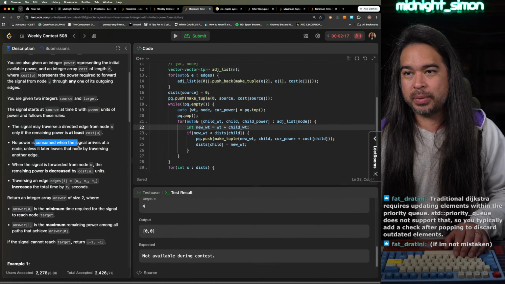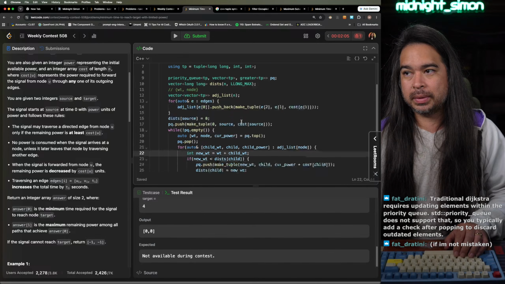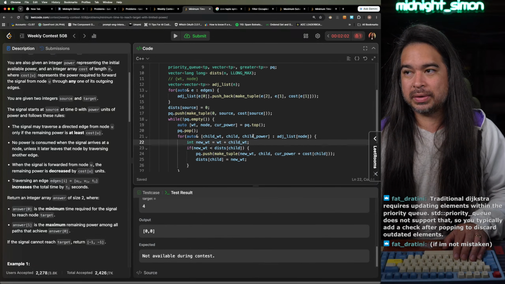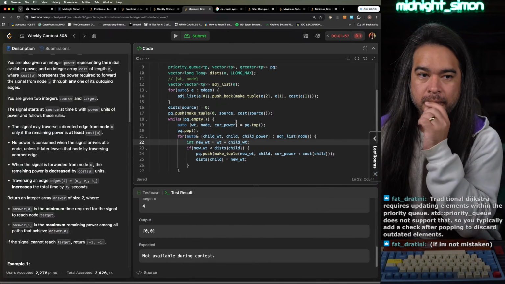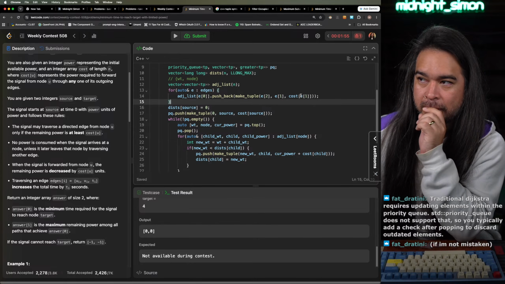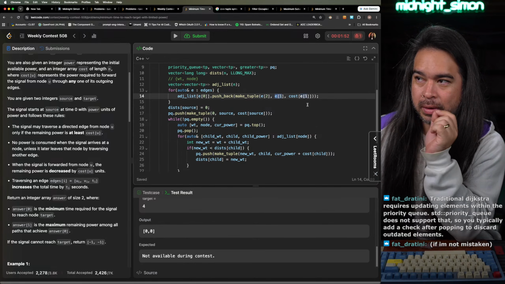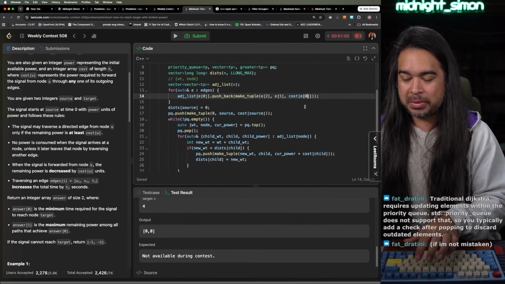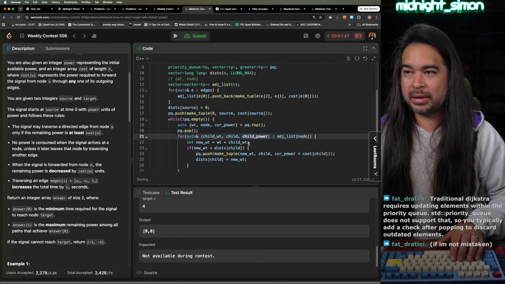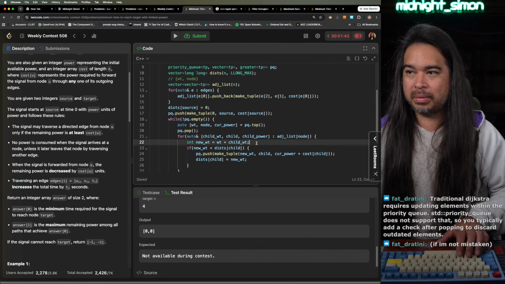No power is consumed when the signal arrives unless it later leaves that node. So oh, I guess this is the cost. So none when it arrives. So maybe this cost should be 0. And then that's how much it costs when I put this thing.